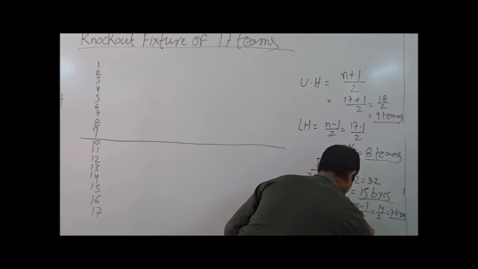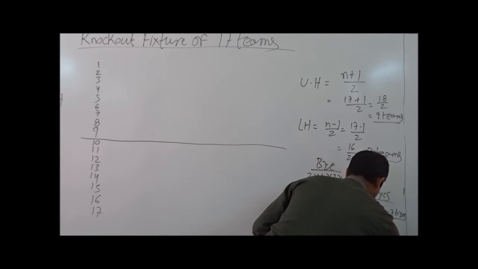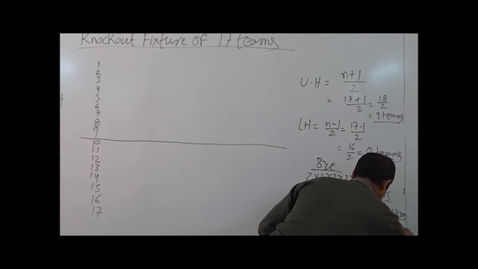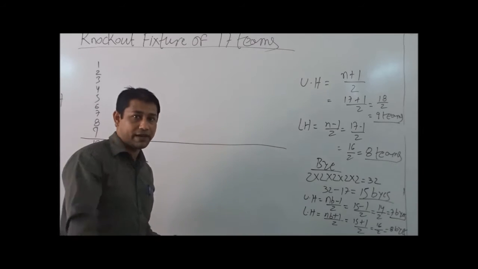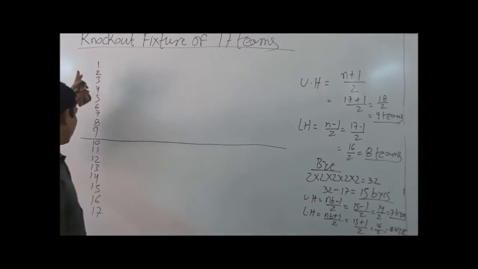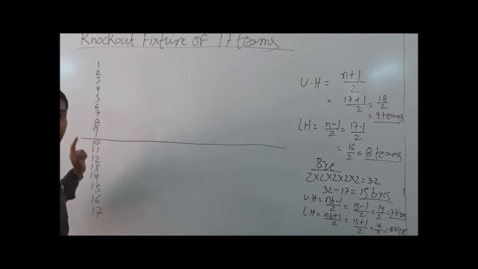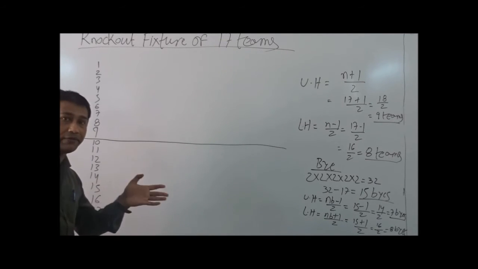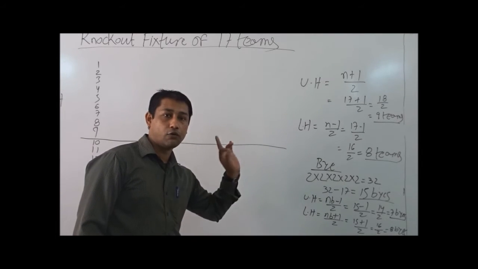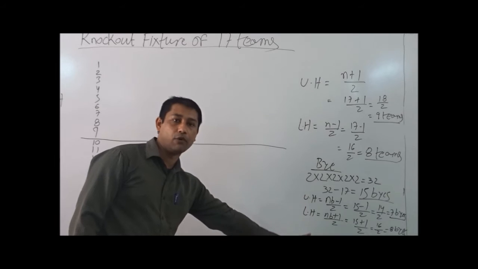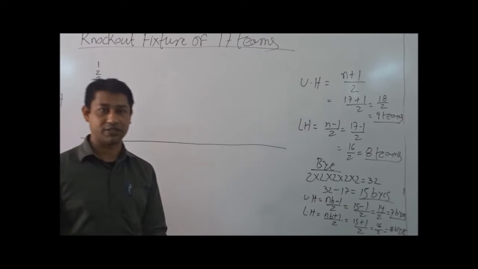That means 15 plus 1 upon 2, it becomes 16 upon 2, means 8 byes in lower half. Always keep in mind, whenever we are distributing teams into two halves, one team will be more in upper half, whereas whenever we are distributing byes, one bye will be more in lower half. That is just to balance the equation.